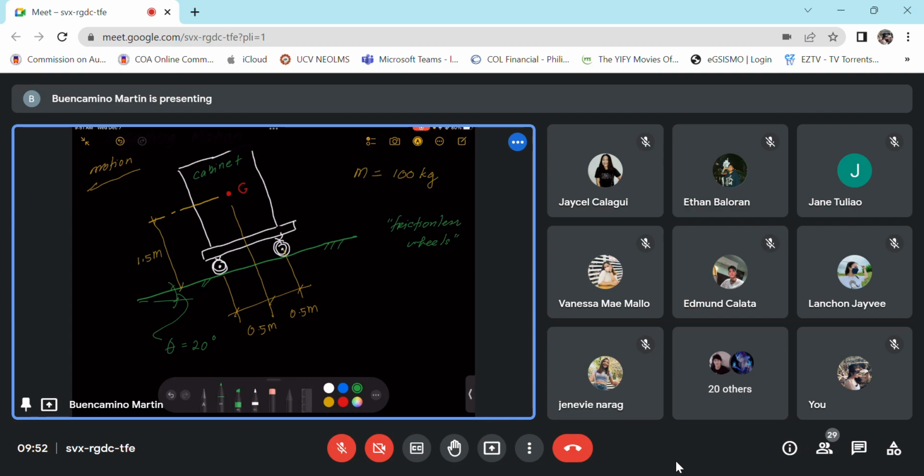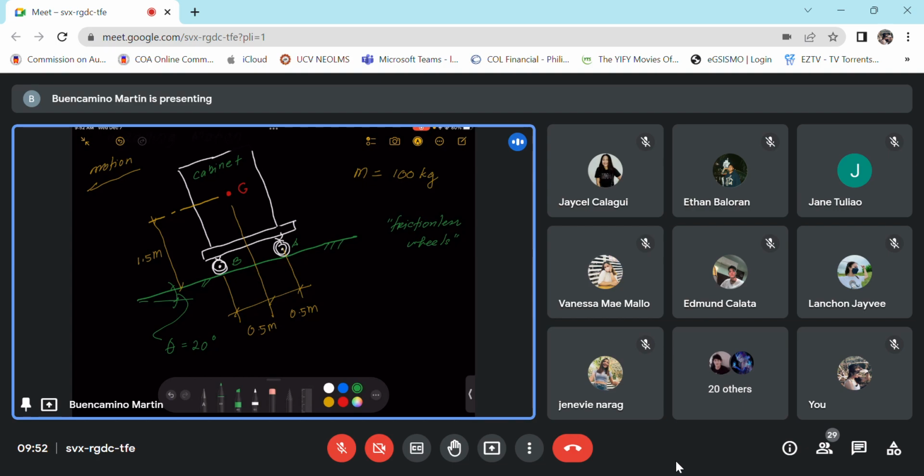And what we're going to solve here is the reaction of the wheel at B and at A, and also the acceleration of the cart.